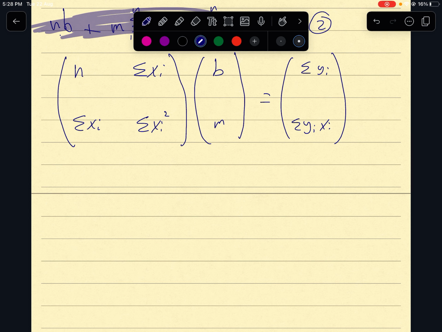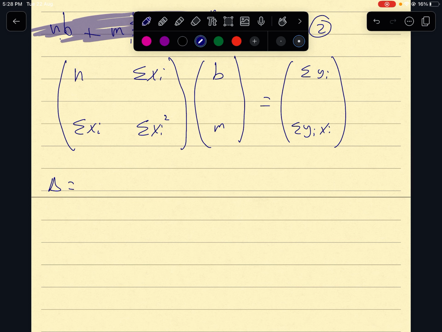I will use Cramer's rule. So the determinant is n sum xi squared minus sum of xi, squared, okay?